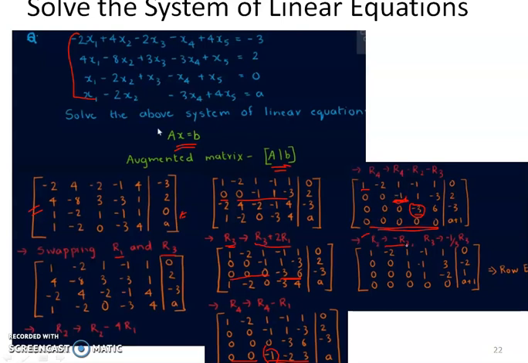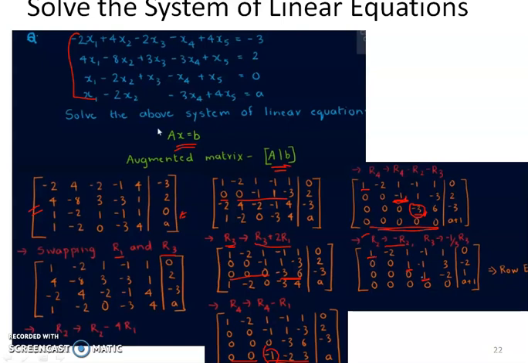Then R3 equals 1 by 3 R3, minus 1 by 3 R3, so this minus 3 is transformed to 1.